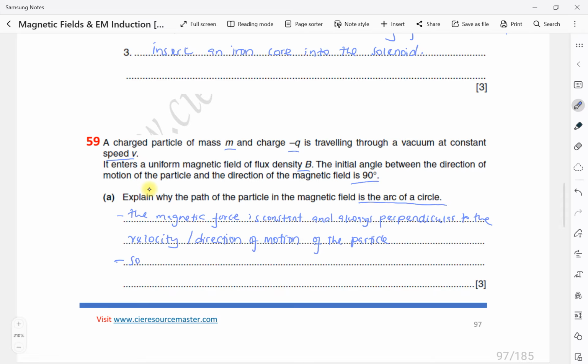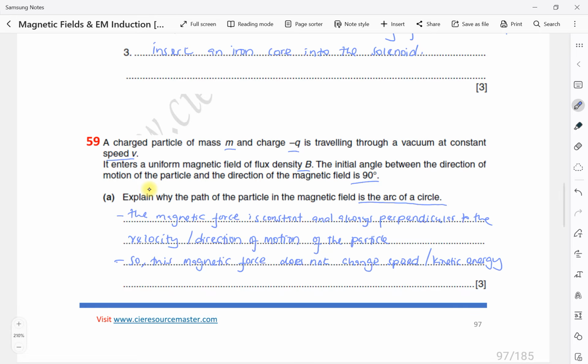So this magnetic force does not change speed, or it does not change kinetic energy.